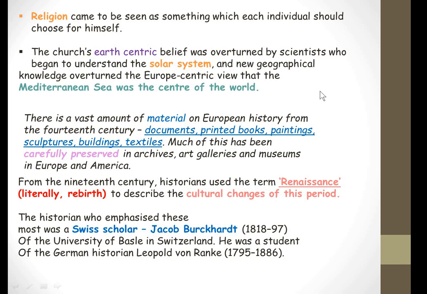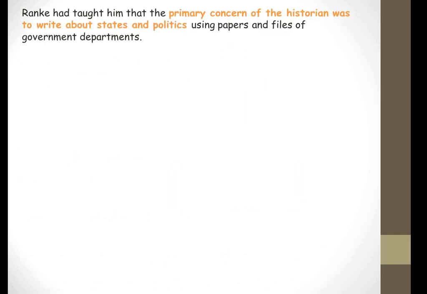He was a Swiss scholar who emphasized these cultural changes, of the University of Basel in Switzerland, and he was a student of the German historian Leopold von Ranke. This information about where he did his studies and where he worked is very important.